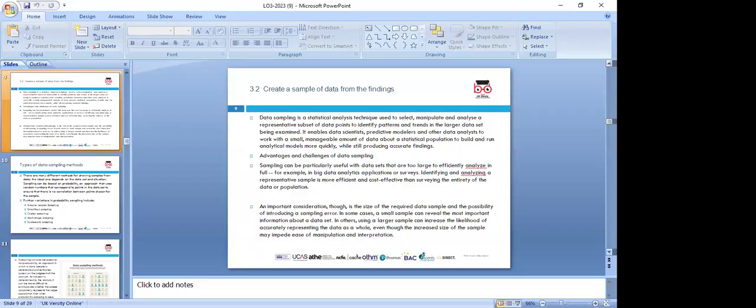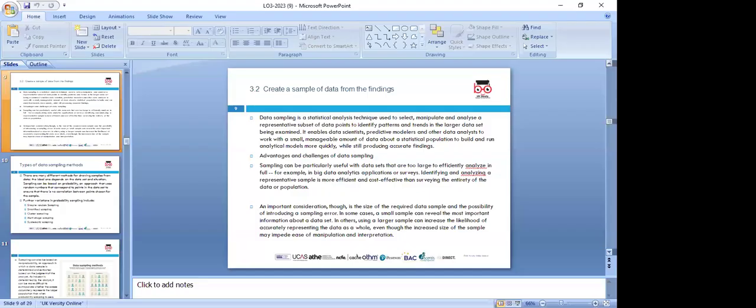Advantages and challenges of data sampling. Sampling can be particularly useful when data sets are too large to efficiently analyze in full. For example, in big data analytics applications or surveys, identifying and analyzing a representative sample is more efficient and cost-effective than surveying the entirety of the data or population.